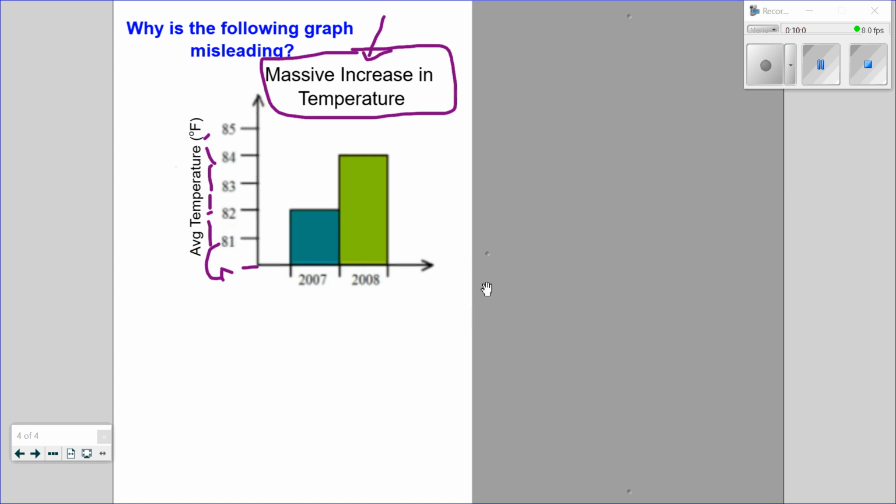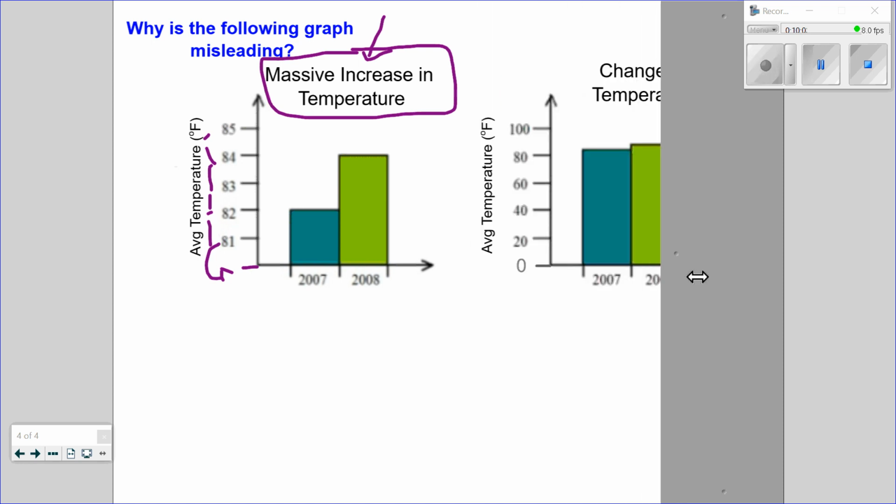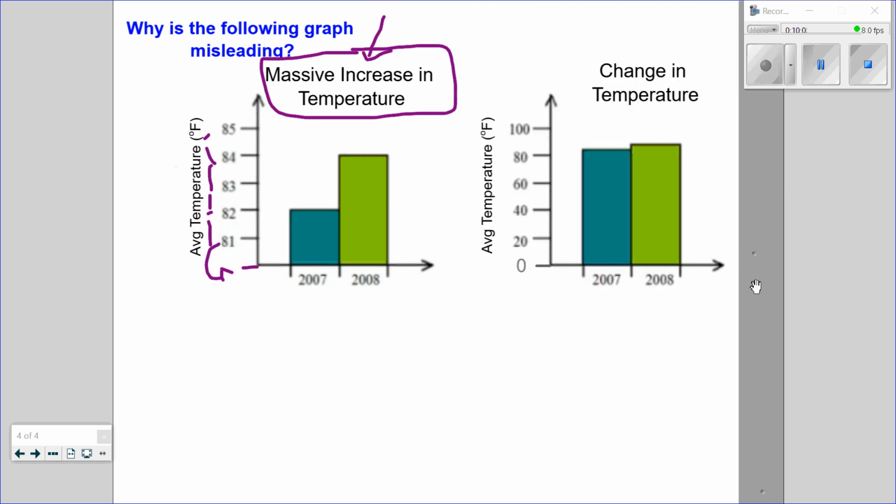Now I'm going to show you what the graph should look like. This has the same exact data that the first graph had, but now you'll notice that it starts at 0 and it's counting by a regular interval of 20. So it's going from 0 to 20 to 40 to 60 to 80 to 100.